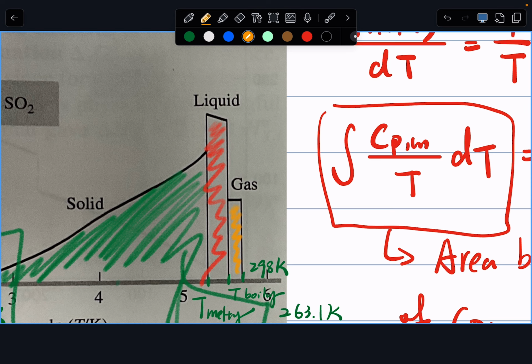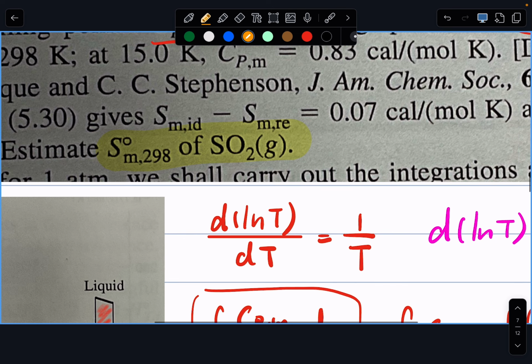But do we stop there? Be careful, because this question is asking us for the standard molar entropy of SO2 gas. This is a point of easy miss. It's the standard state, so what is the standard state of my SO2 gas? It's an ideal gas.